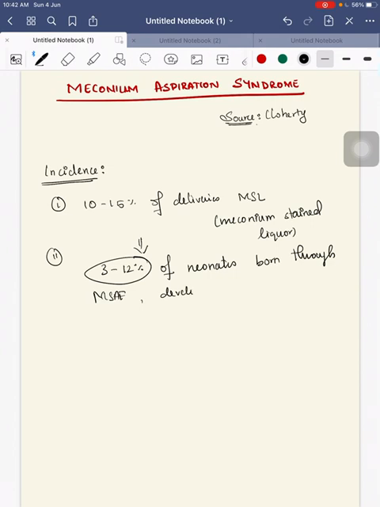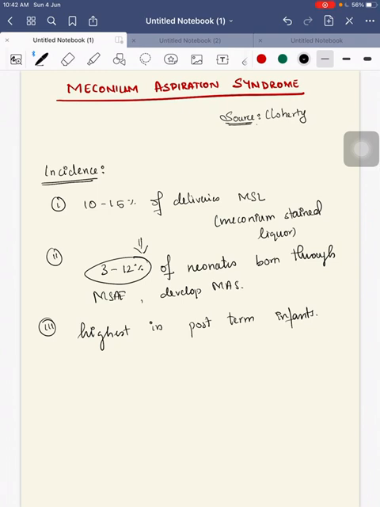These are highest in the post-term infants. This is about the incidence of meconium aspiration syndrome and meconium stained liquor.